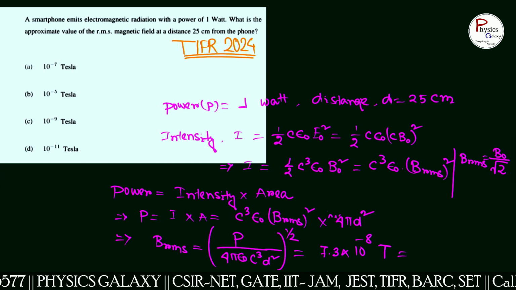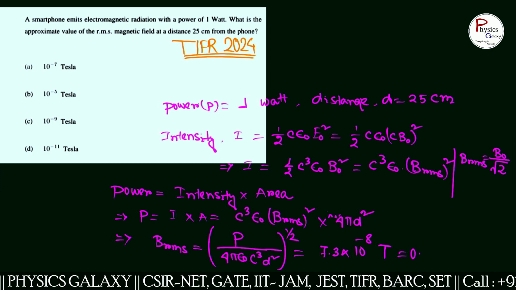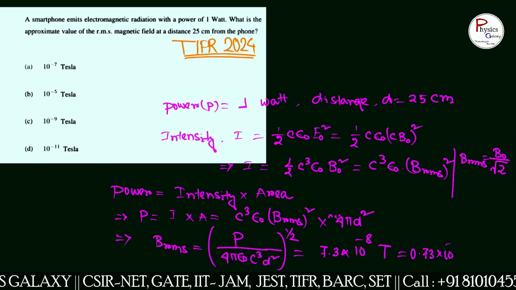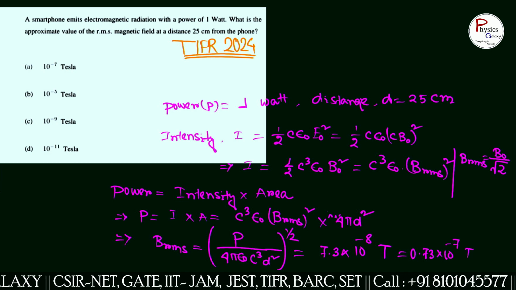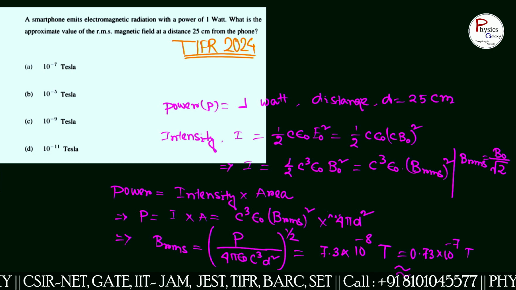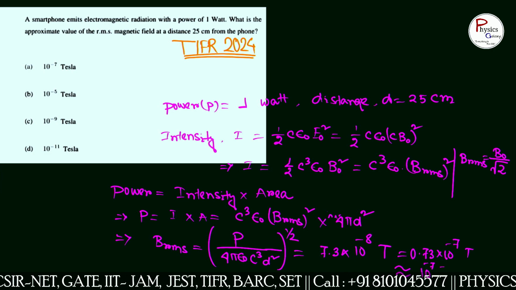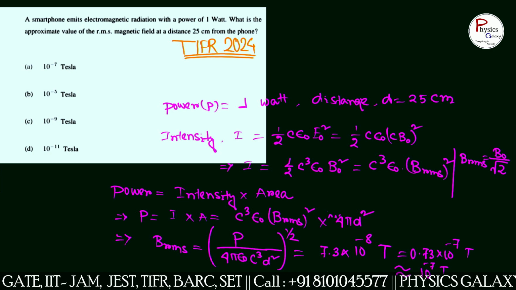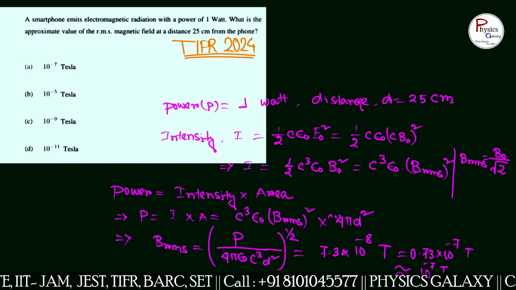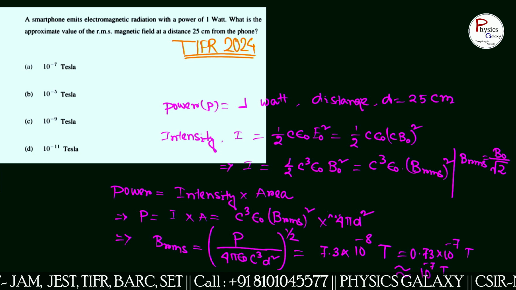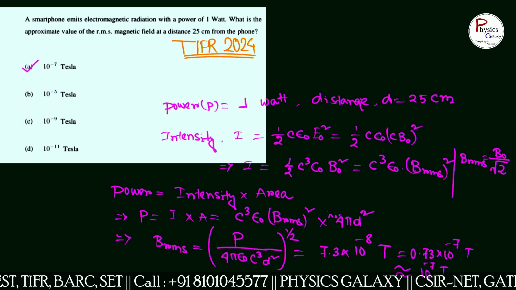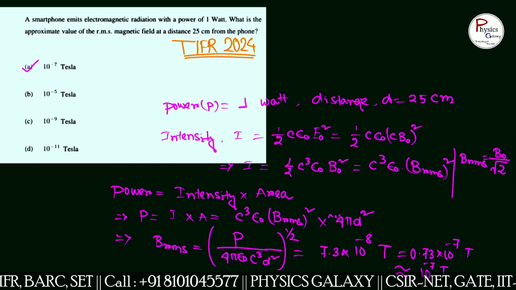If we analyze this answer, we get 0.73 into 10 to the power minus 7 Tesla, which was nearly equal to 10 to the power minus 7 Tesla. Now we match the answer with the given options, which matches option A here. So the right answer of the question was option A, 10 to the power minus 7 Tesla.